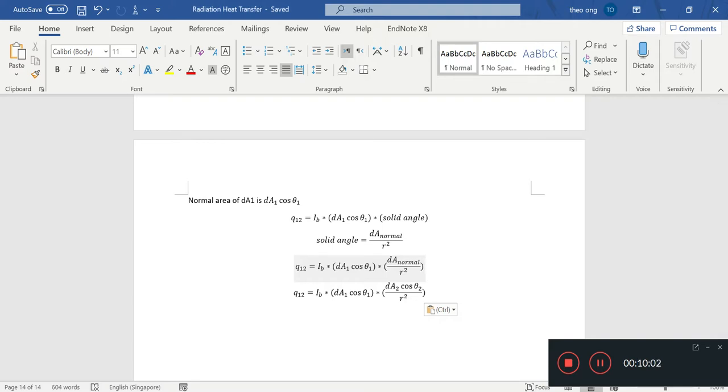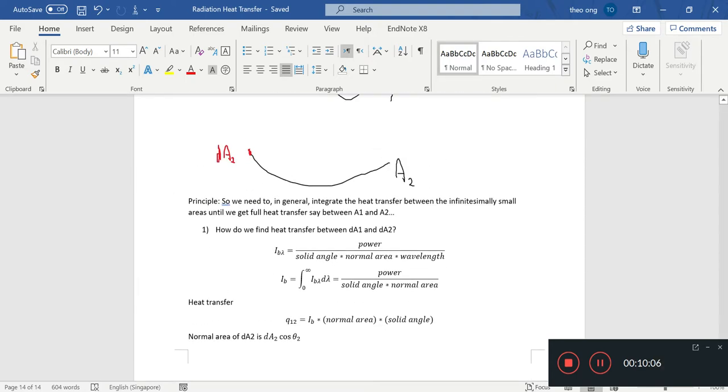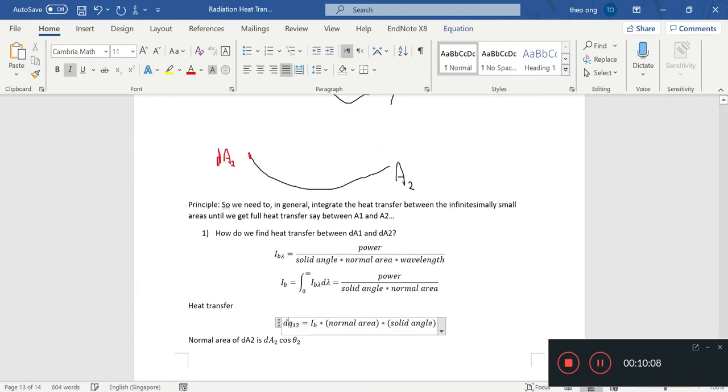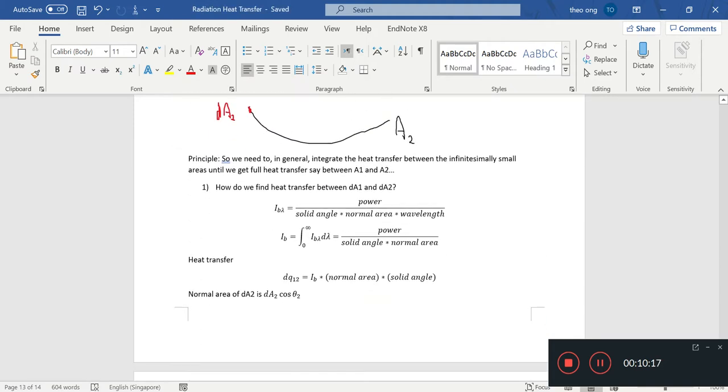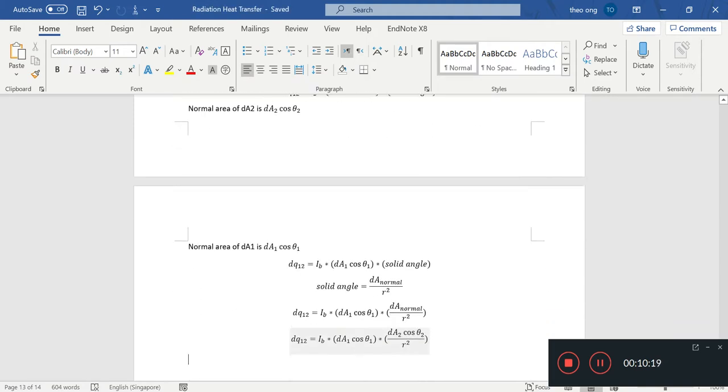Oh, I should put dq, sorry. This is the infinitesimally small heat transfer. It's not the whole thing. The whole thing is you have to integrate over both areas.